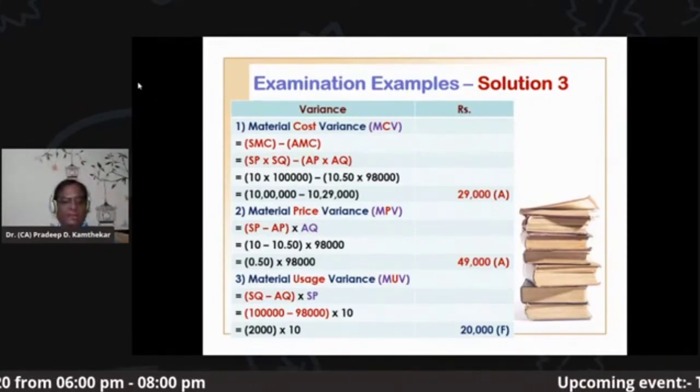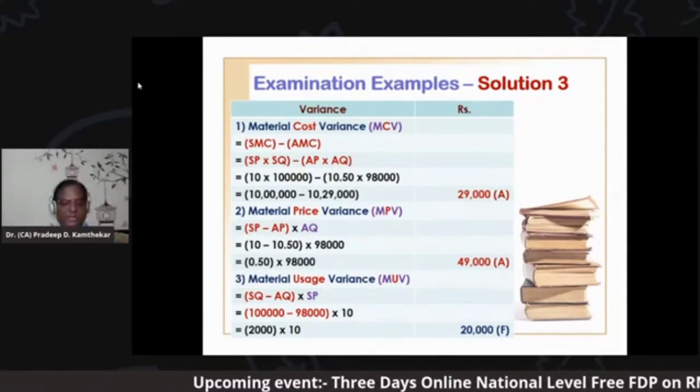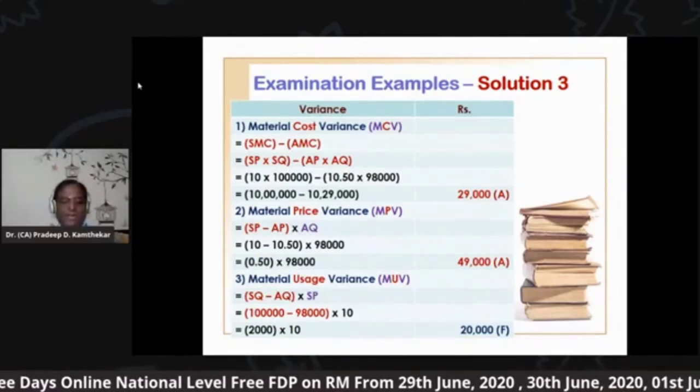Now let us have material price variance. What is price variance? It is SP minus AP into AQ. SP 10 minus AP 10.5 multiplied by AQ 98,000.